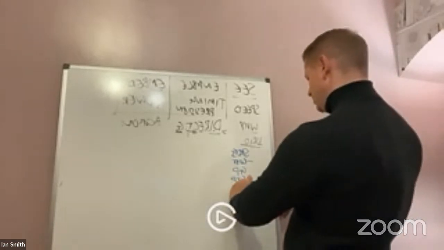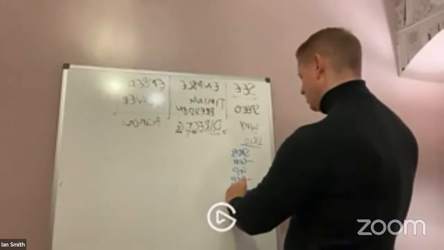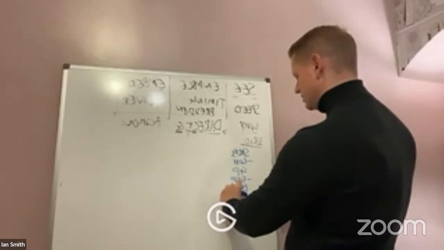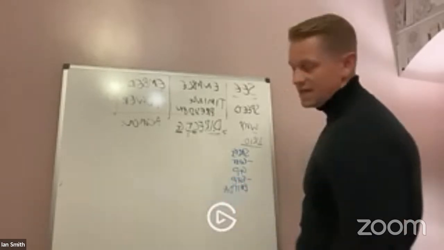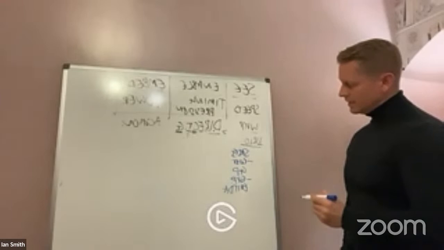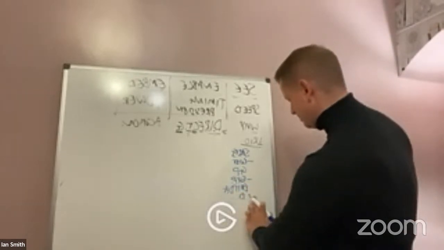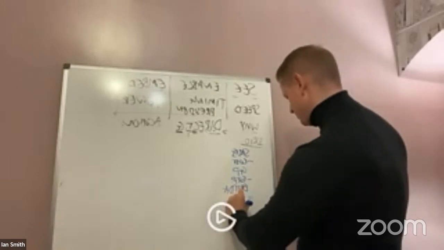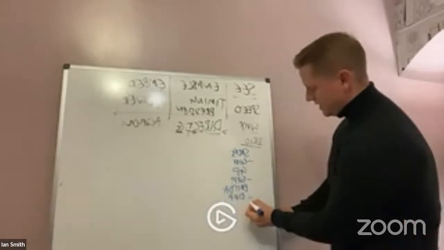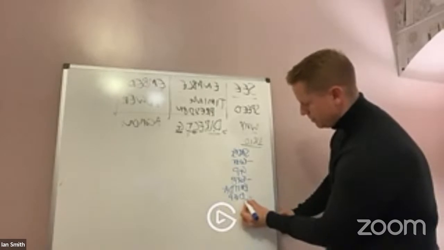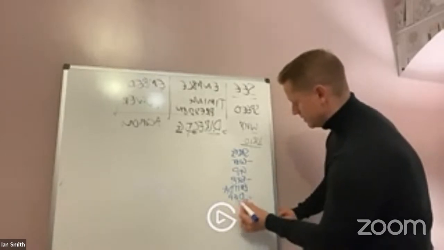This then gives you your earnings before interest, tax, depreciation, and amortization. Then you have your depreciation. This then gives you your profit before tax.